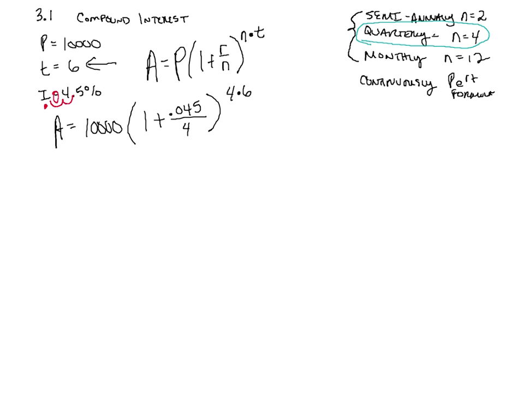And now all I need to do is put this into my calculator. If I go and type this into my calculator, this is what it's going to look like typed in.